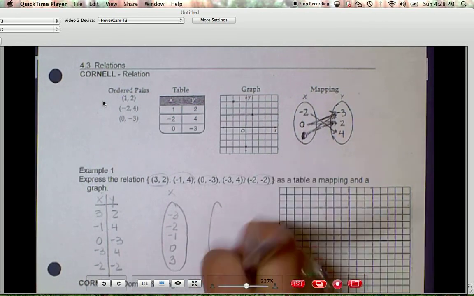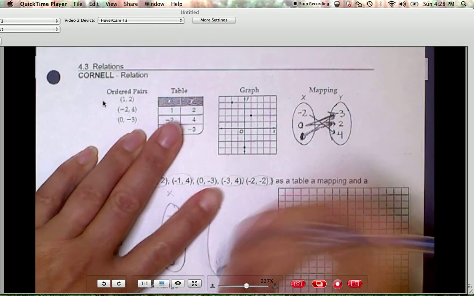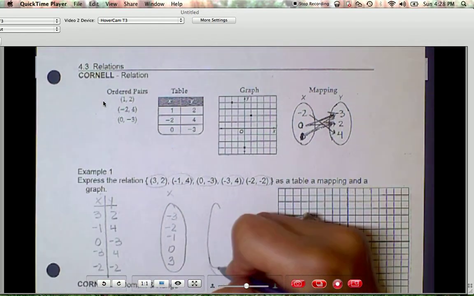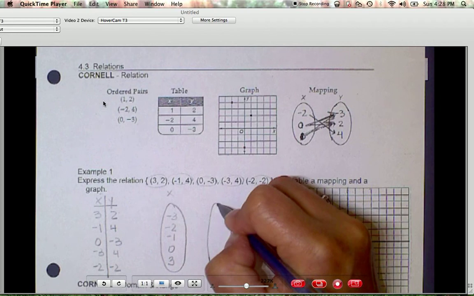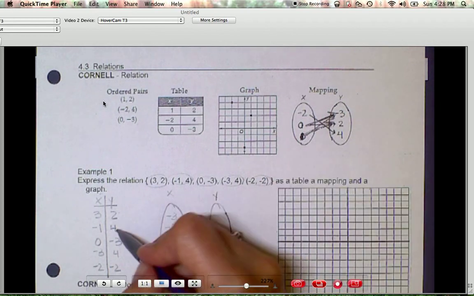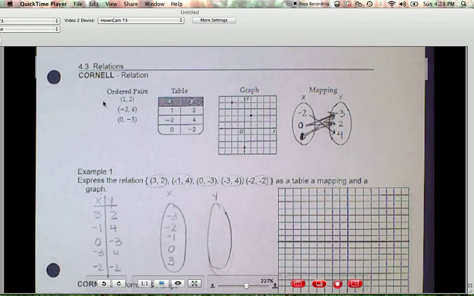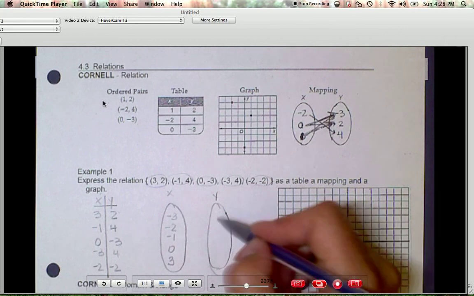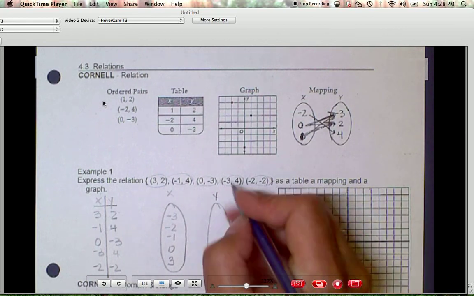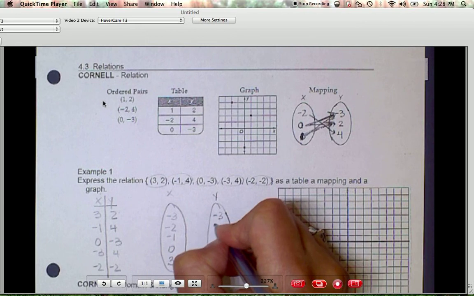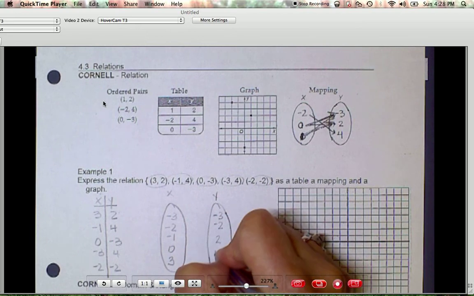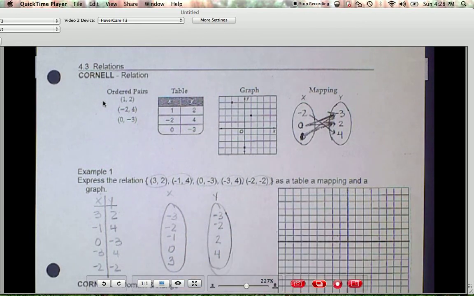There's a slight difference here because if you look closely, there's a repeat in the 4. Now we don't put repeats in the mapping, so this one will have one fewer value. So in order we go -3, -2, 2, and 4. So you only list that 4 once.